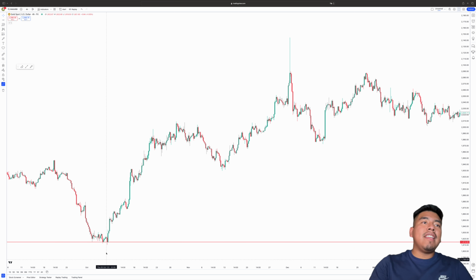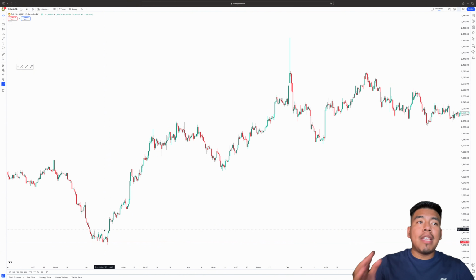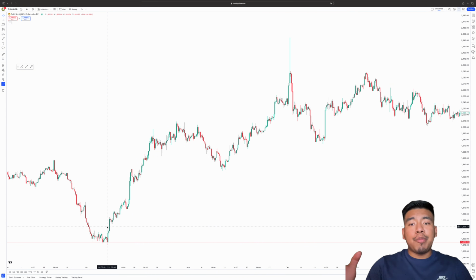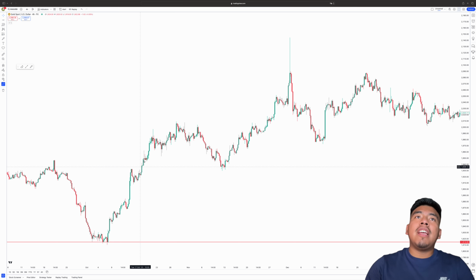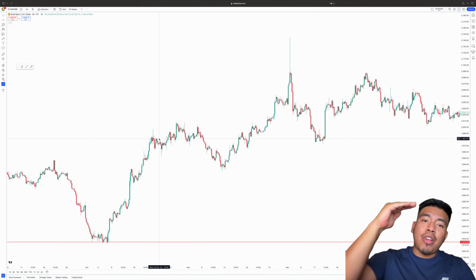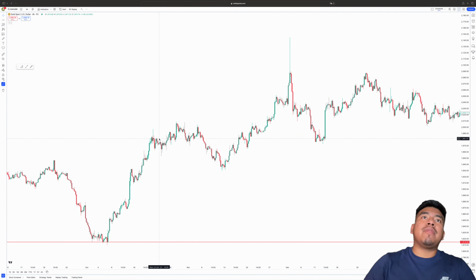Once we started seeing gold push up, that's when we can begin forming our first Fibonacci level, which would be the 0% level, which is the floor. And then we saw a major push. Once we started seeing this, it can become tricky on when to draw the top of the Fibonacci and when not to.